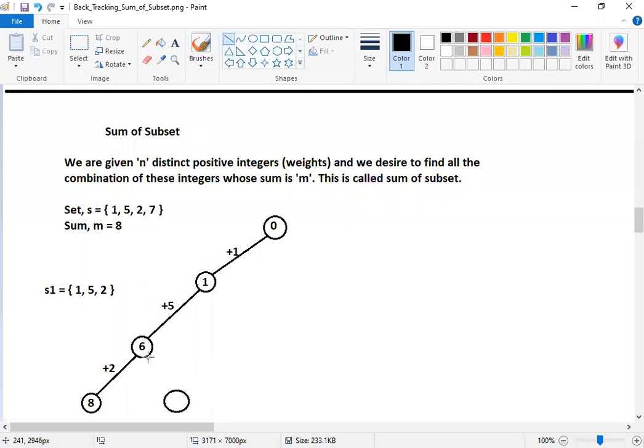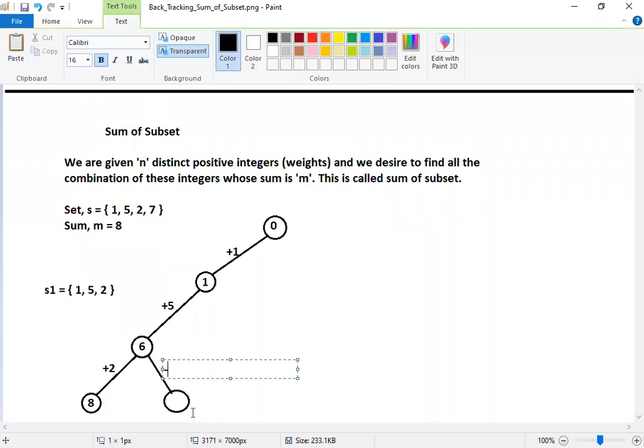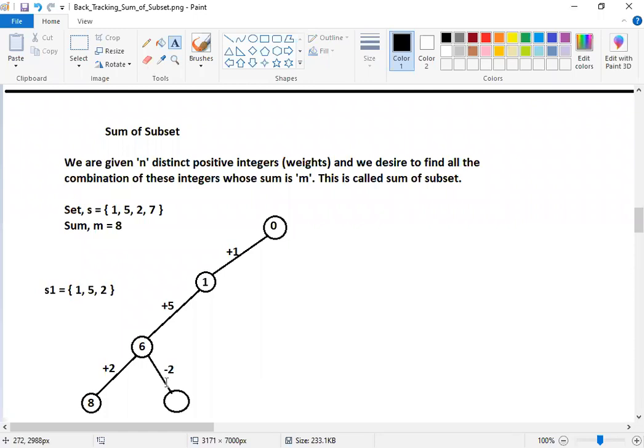That is the right child of 6. If I don't consider 2, then the corresponding edge value, I'm going to denote it as -2. Pay attention here. This is the tricky part. From 6, if I consider 2, then I will denote it as +2, and I know that I have to drop into the left child. If I don't consider the 2, then I denote the edge value as -2.